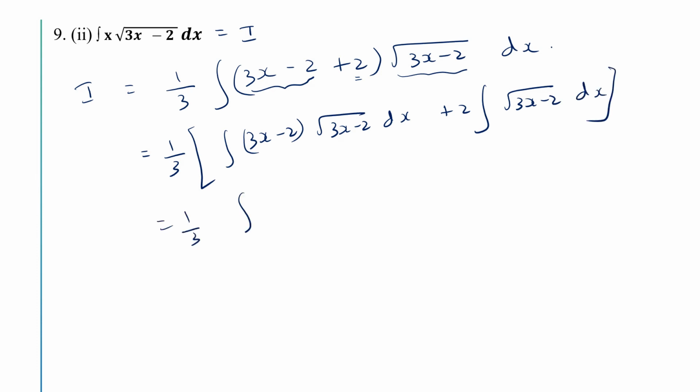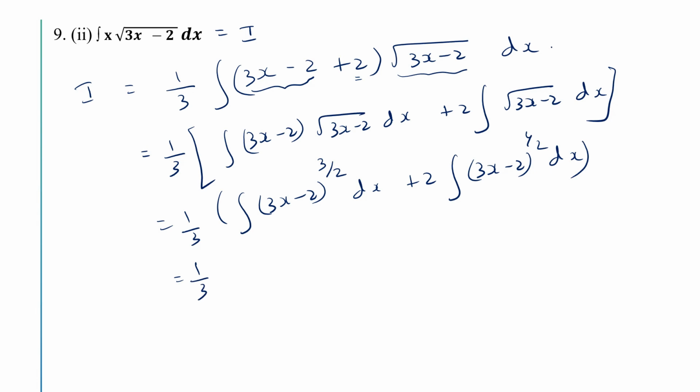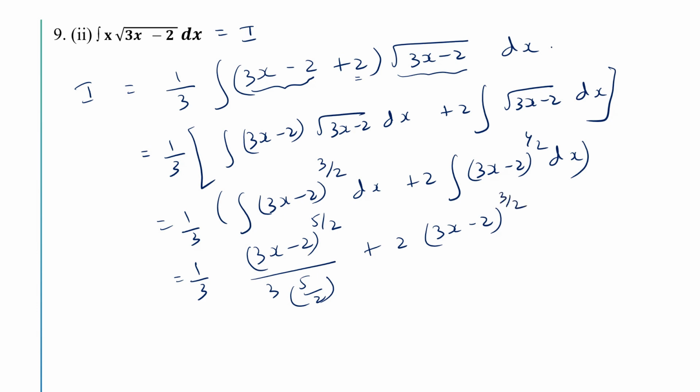So this is (3x minus 2) the whole raised to 1 plus half, which is 3 by 2, dx, plus 2 integral (3x minus 2) the whole raised to half dx. So now we can integrate easily. This is (3x minus 2) the whole raised to 5 by 2 divided by 3 into 5 by 2 plus 2 into (3x minus 2) the whole raised to half plus 1, which is 3 by 2, divided by 3 into 3 by 2, then plus c.